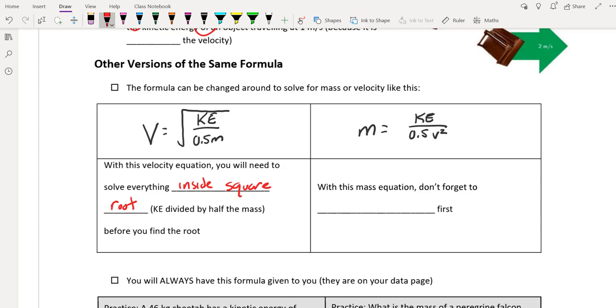For finding the mass, don't forget to square the velocity first. Okay? Then multiply by 0.5.